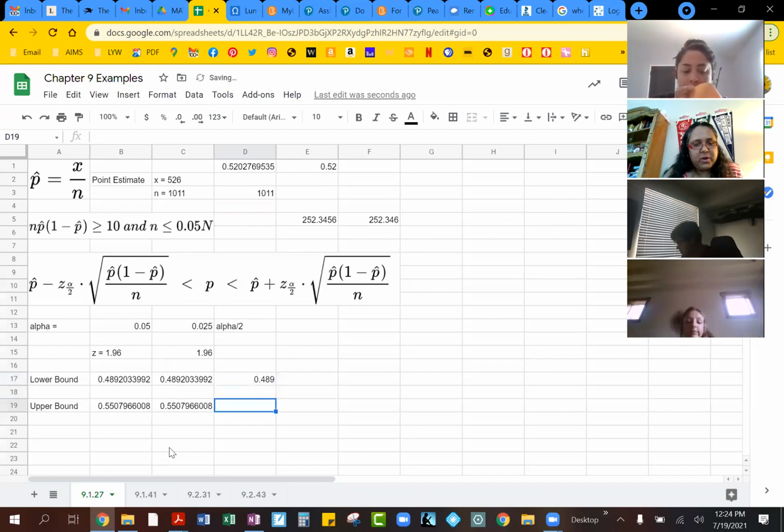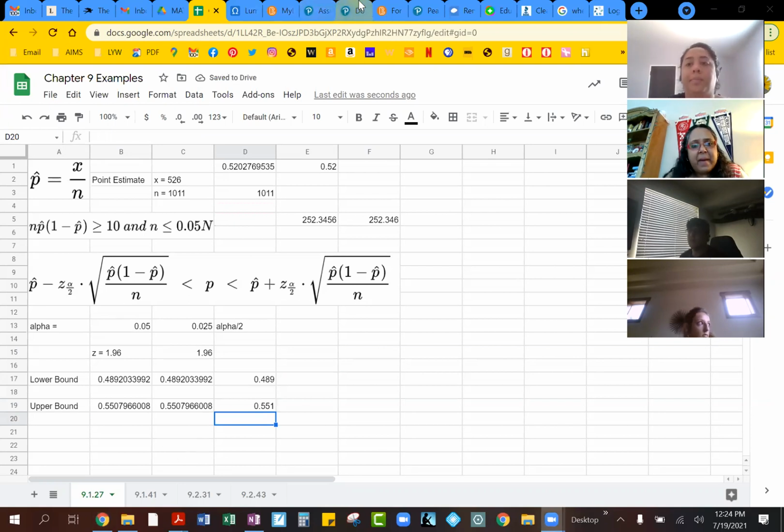And then Jacob, what do you think about the upper bound? .5507. Wouldn't it be 0.551? Yeah, very nice. The 7 makes that 0 go up, so 0.551.